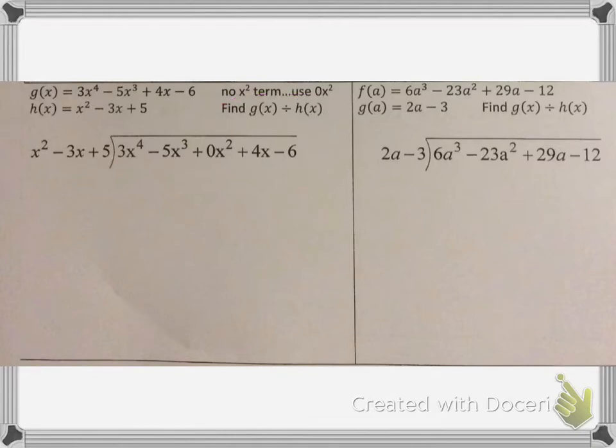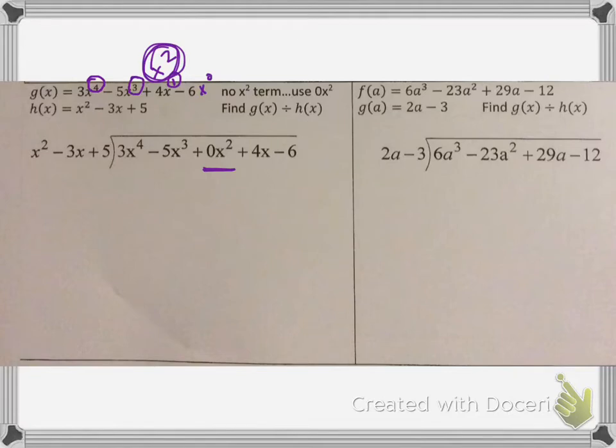Now, the problem, thankfully, is already set up here, but if you'll notice, there's a term set up here that was not in the original problem. When we wrote these in standard form, you have x to the fourth, x to the third. There is no x squared term. This would be x to the first, and this technically is x to the 0, but we don't worry about that. So if you are missing a term, you have to fill that in with a 0.